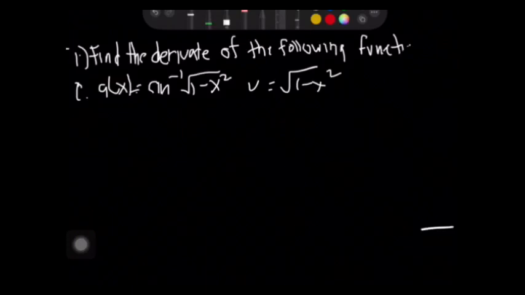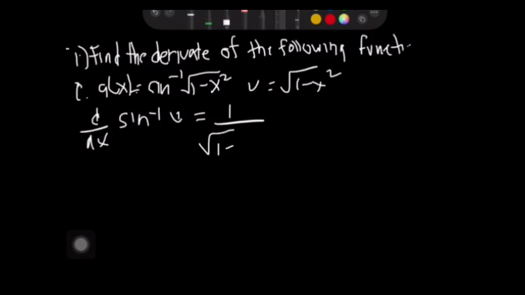To find the derivative of the following function, g of x is equal to arc sine of the square root of 1 minus x squared, we're going to recall the derivative formula of arc sine, which is d over dx of arc sine u is equal to 1 over the square root of 1 minus u squared times du over dx.